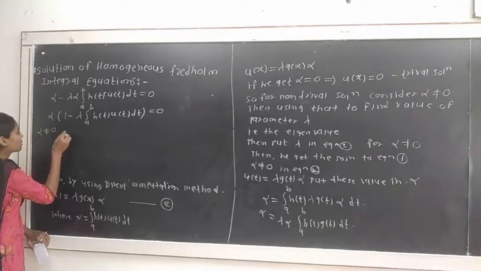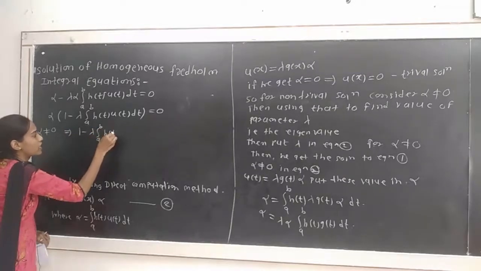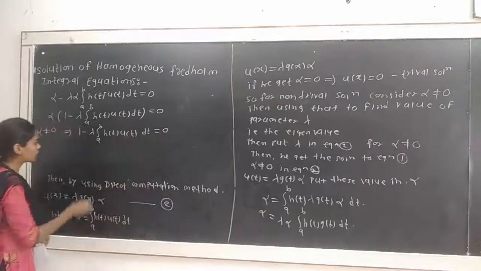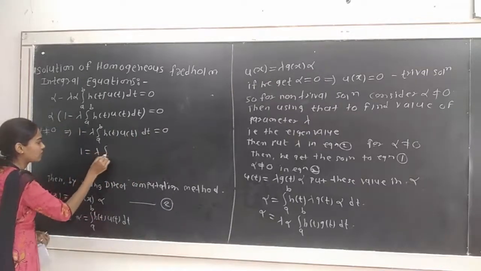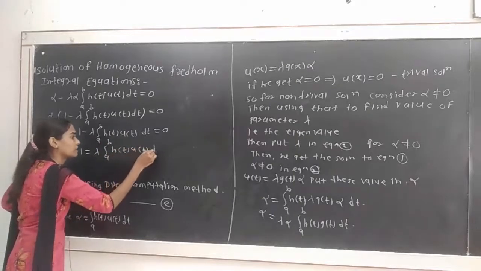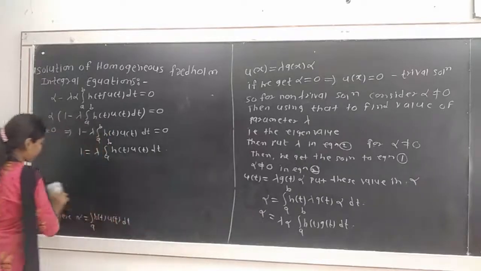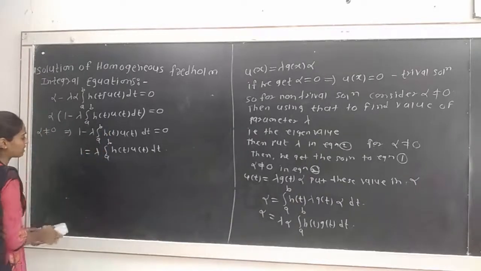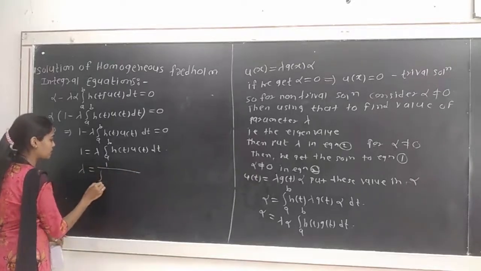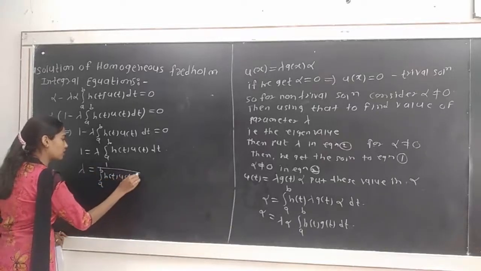But here we consider alpha not equal to 0, so we get 1 minus lambda integration from a to b h of t g of t dt is equal to 0. From that we get 1 equal to lambda integration from a to b h of t g of t dt. So the value of lambda is 1 divided by integration from a to b h of t g of t dt.